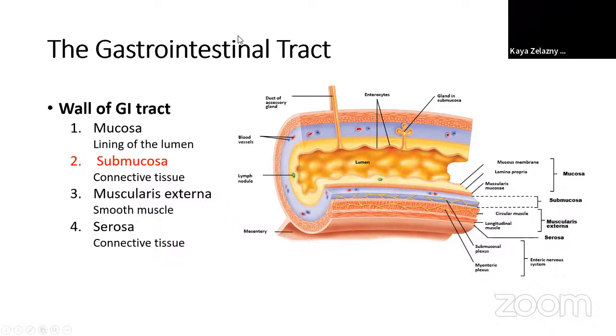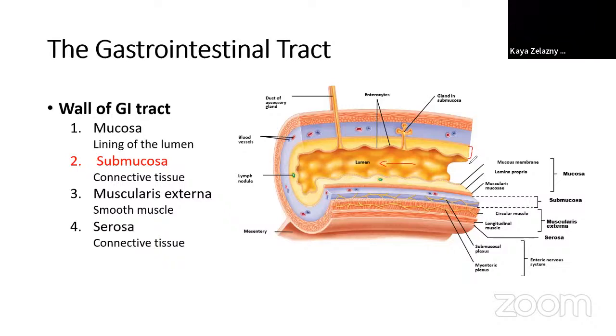So this list starts from inside to out, starting with what's in contact with the lumen. We're going to get deep into all the layers within these layers, but the basic thing we're looking at is that the lumen is where your food is passing, so that's the inside. Then we have our mucosa, here in yellow, and this is the lining of the lumen.